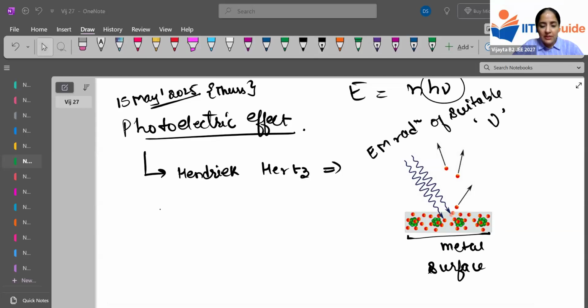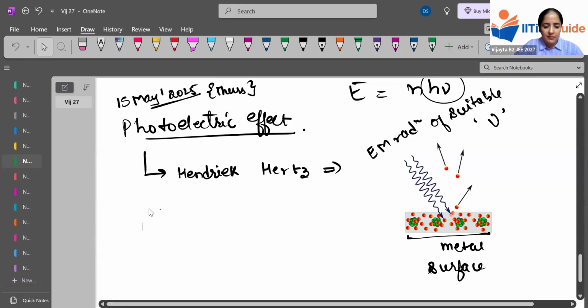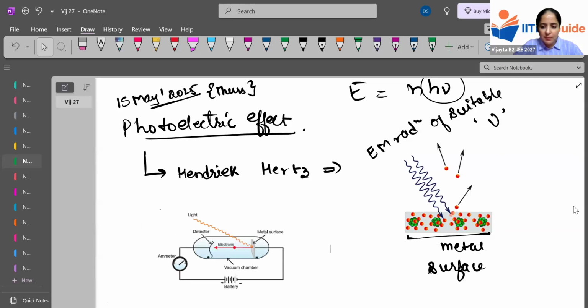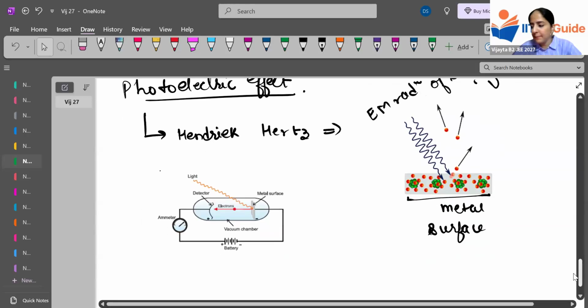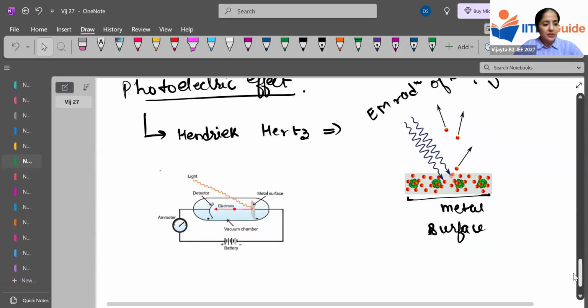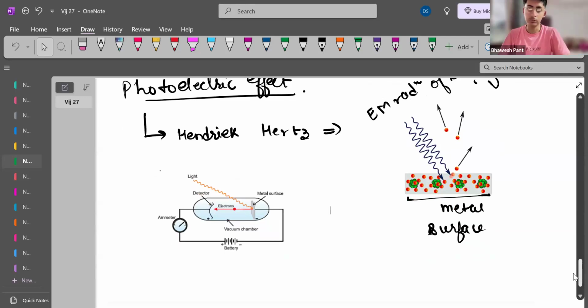Write down: in photoelectric effect, radiation of a suitable frequency is put on a metal surface, which is further connected to... Could you please repeat from the beginning once?